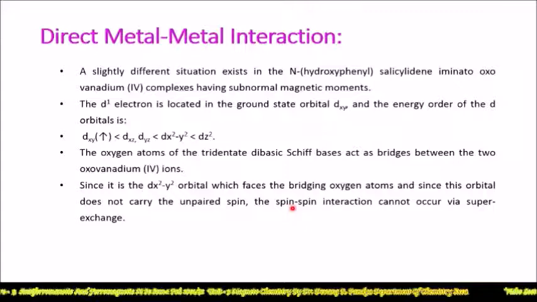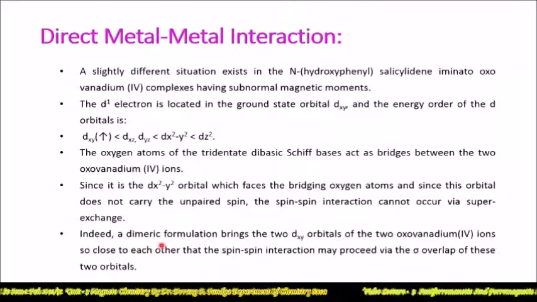Direct metal-metal interaction is there, although it has a bridging ligand, but since the dx²-y² orbital which faces the bridging oxygen atom does not carry unpaired spin, the spin-spin interaction cannot occur via superexchange in this vanadium(IV) complex.